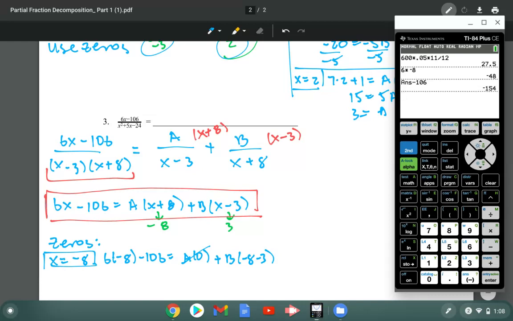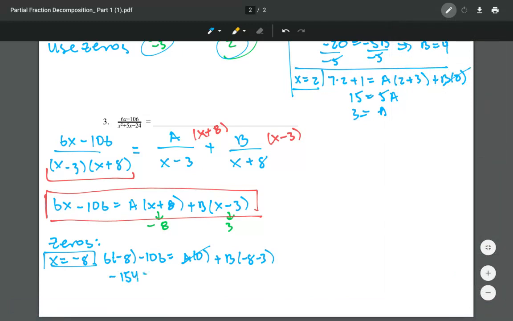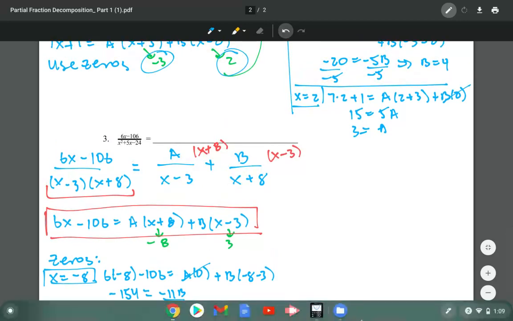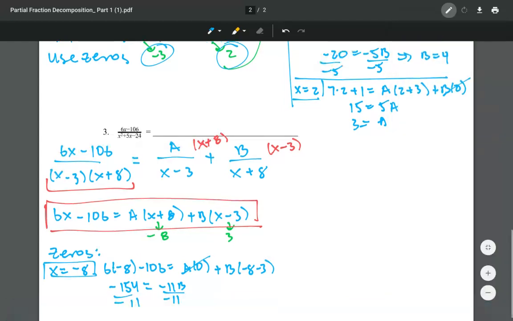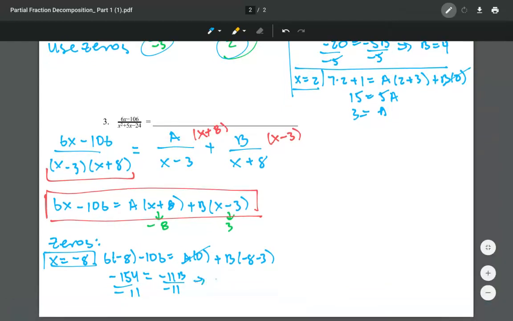So negative 154 is equal to negative 11b. I want to divide both sides by negative 11 so I can solve for b. Dividing, we get 14. Excellent. So b is equal to 14.